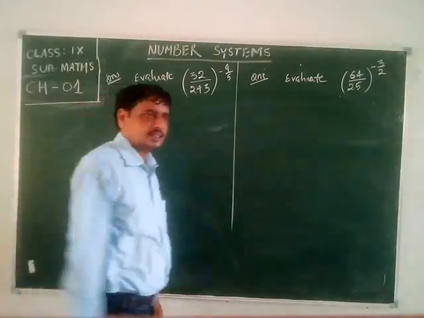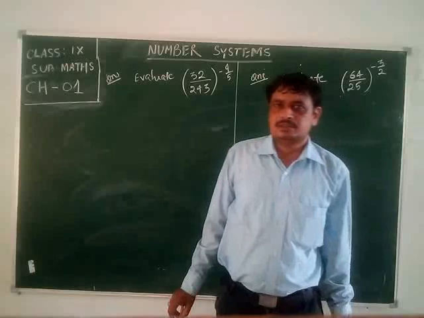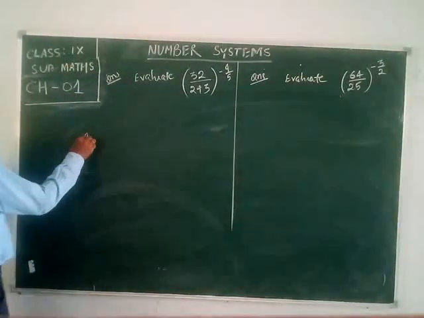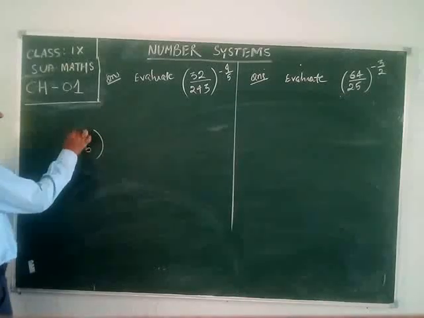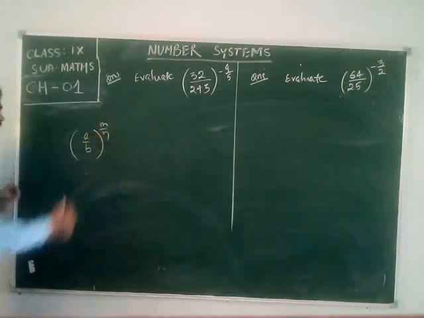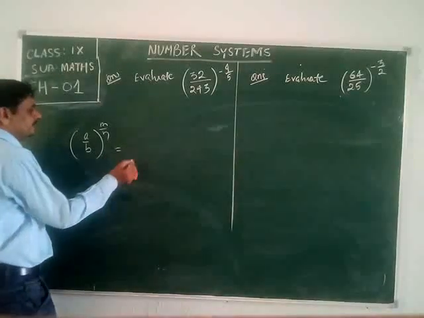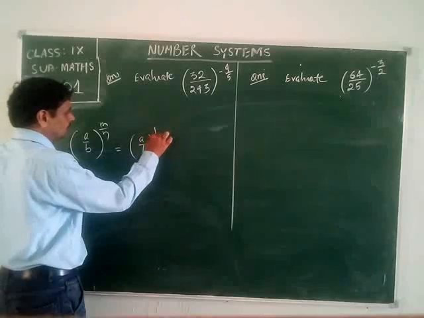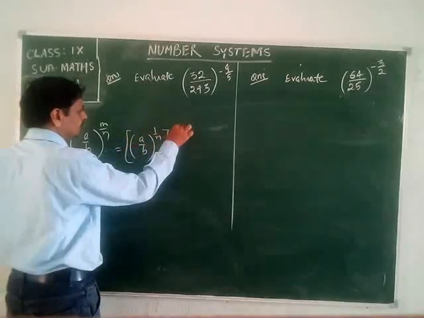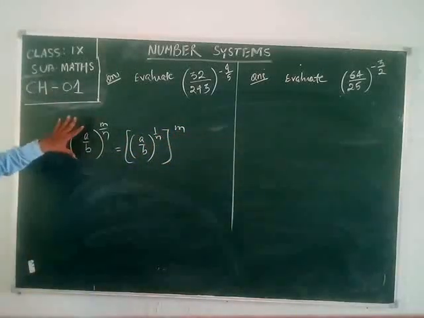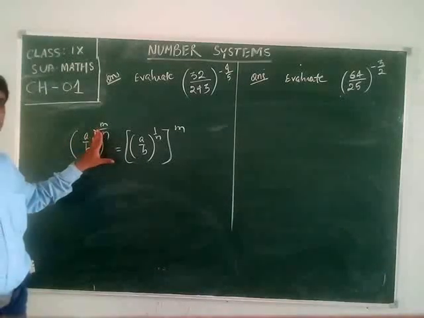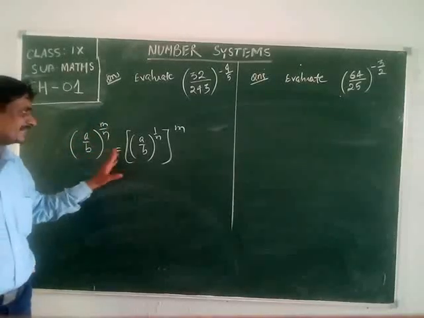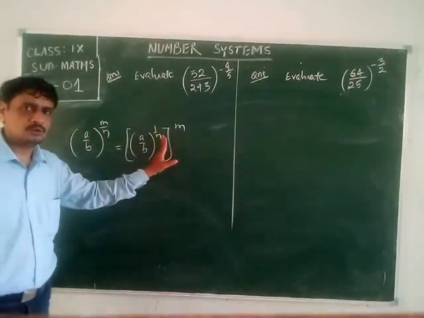Since the identity: a by b whole to the power m by n can be written as a by b whole to the power 1 by n whole to the power m. We can write the number having the power m by n as 1 by n whole to the power m.